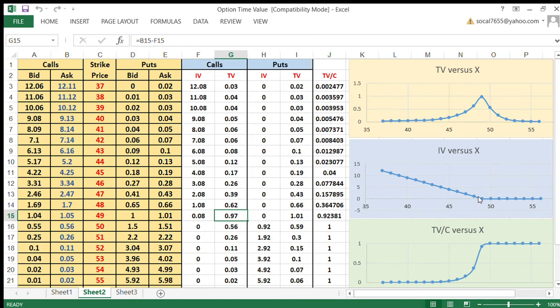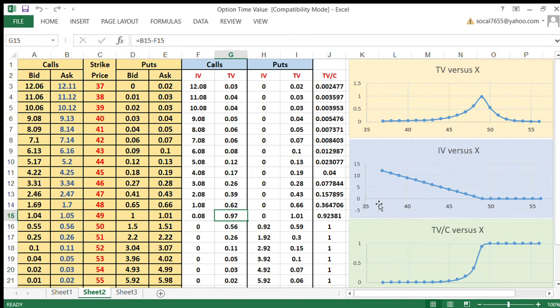And then beyond that, intrinsic value goes to 0 for the 50 strike, 51, 52, because intrinsic value can't be negative, and for 50 and beyond, the strike prices exceed the stock price.